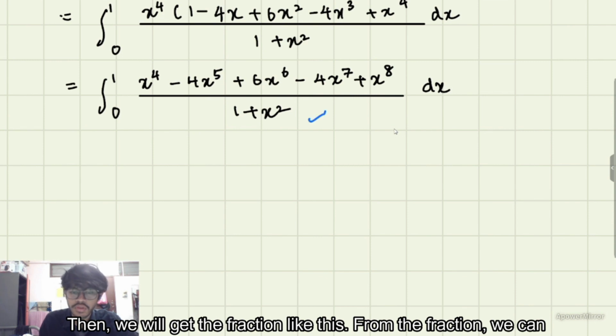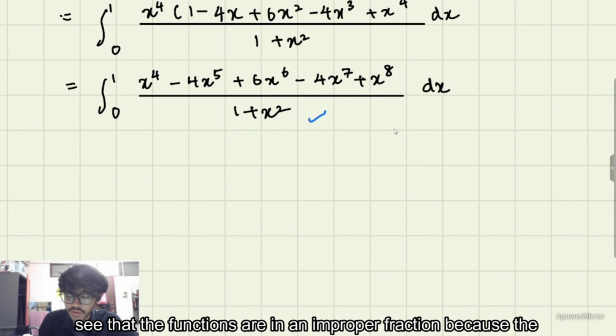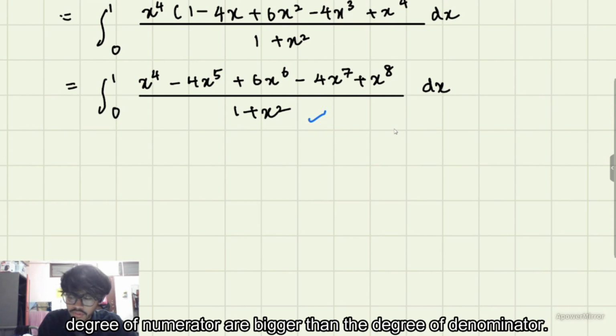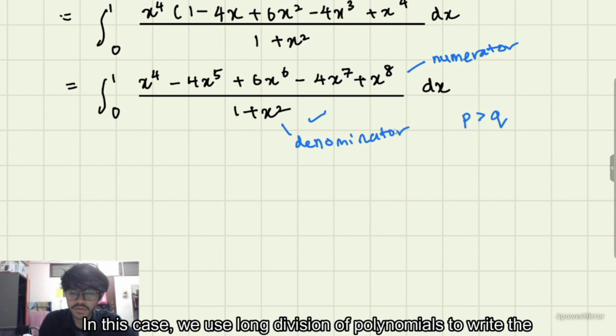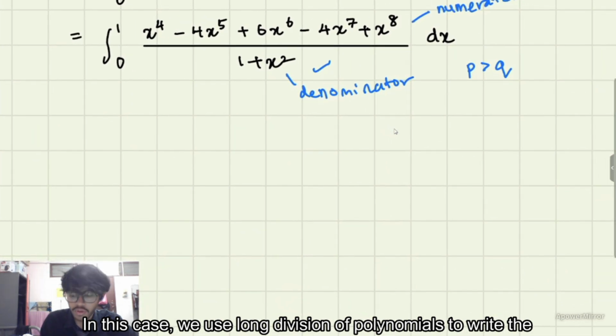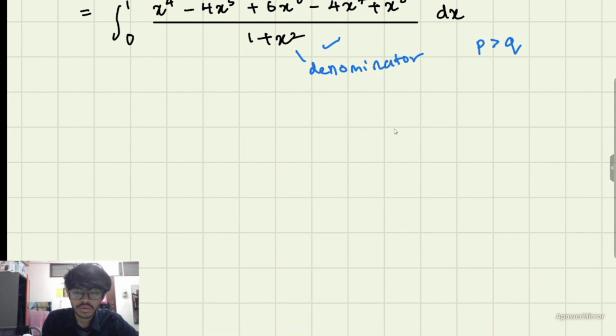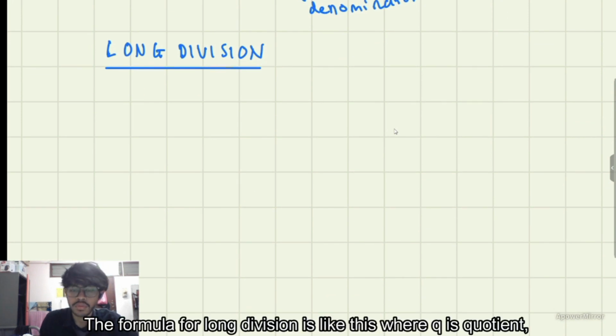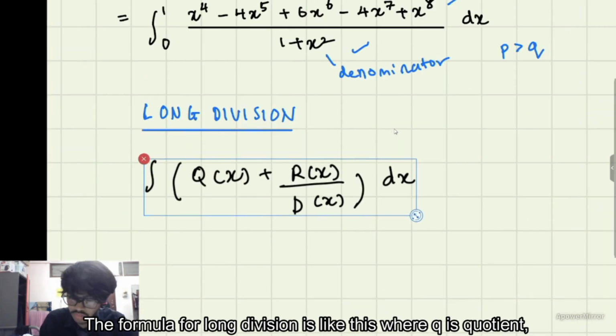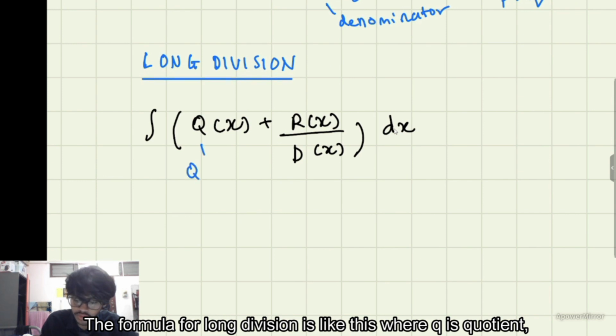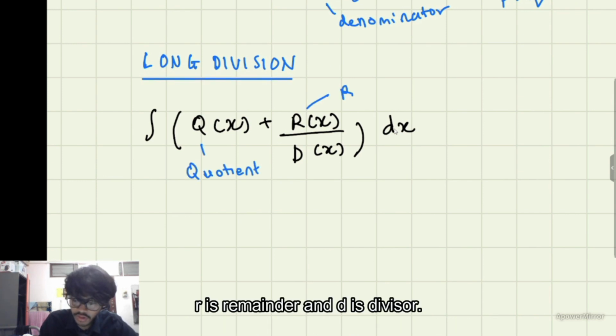From the fraction, we can see that the function is an improper fraction because the degree of the numerator is bigger than the degree of the denominator. In this case, we use the long division of polynomials to write the ratio as a polynomial with a remainder. The formula for long division is like this, where the Q is quotient, R is remainder, D is divisor.